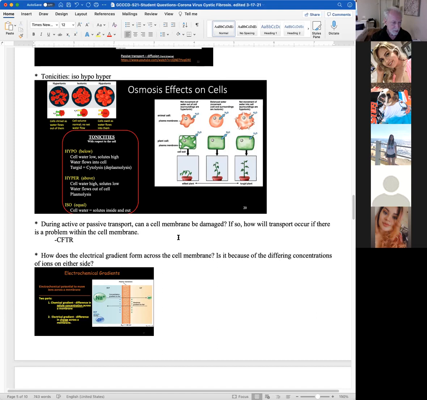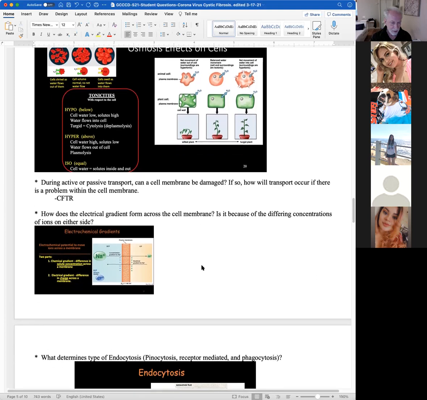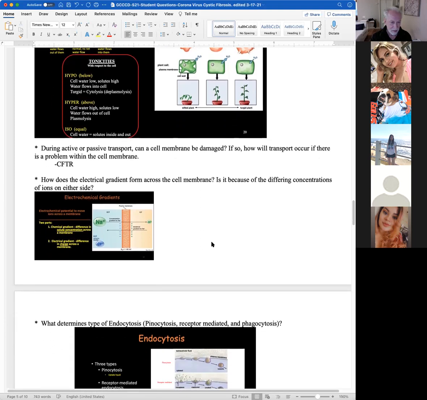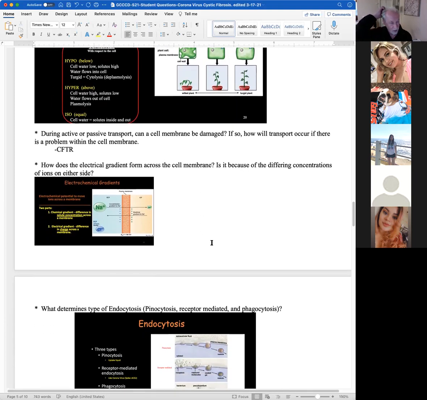And there were a couple of questions about electrochemical gradients. Here is a statement of one of them. How does it form? And is it because of differing concentrations of ions on either side? And in this case, the questioner answered the question. It is.